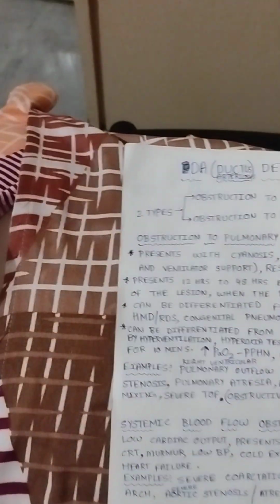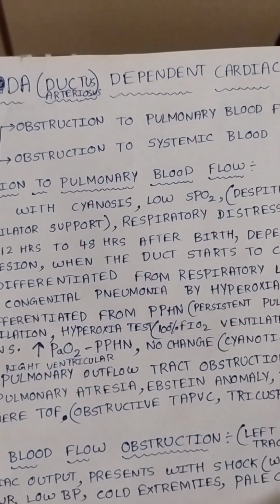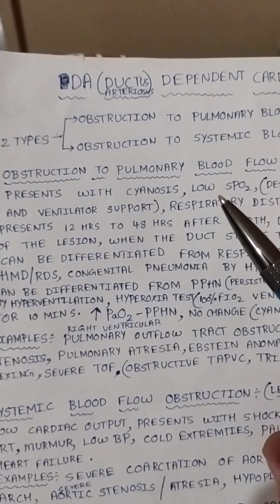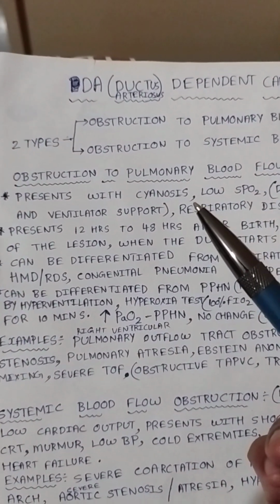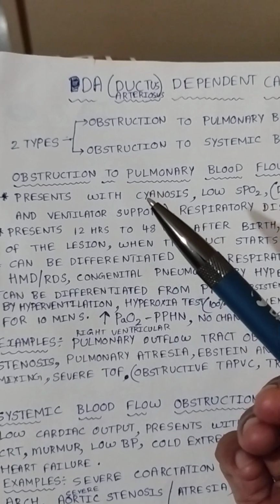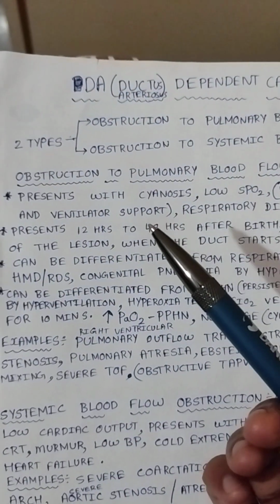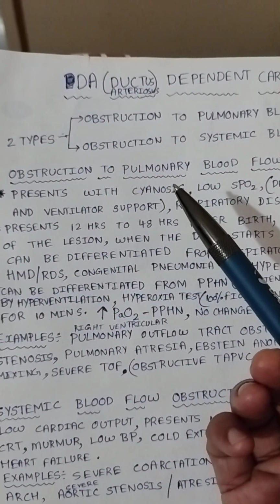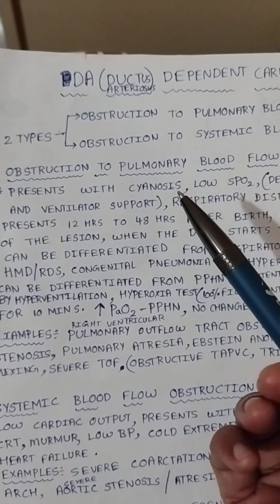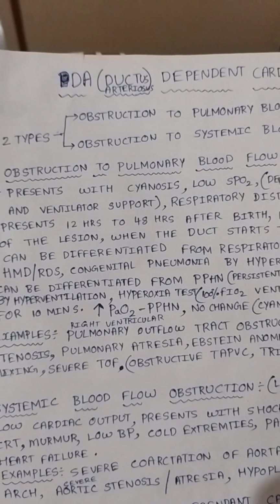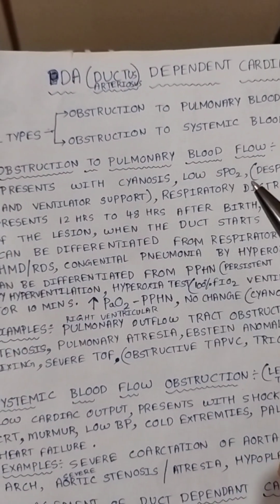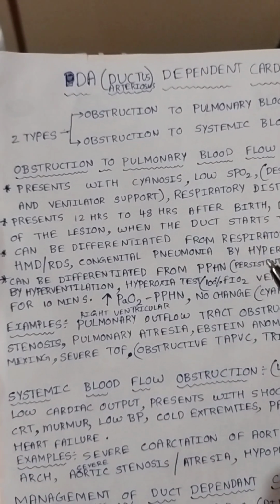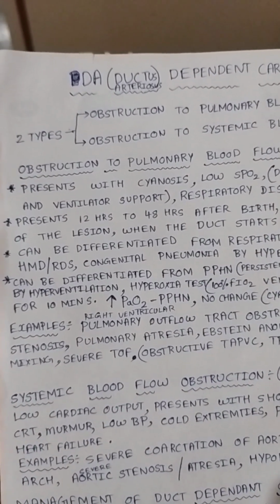So this is about duct dependent lesions, how they present, and when to suspect them. If the severity of the obstruction is more, they will present very soon after birth. If there is pulmonary obstruction, there will be cyanosis and low SpO2, which will not improve even after giving 100% oxygen or ventilating.